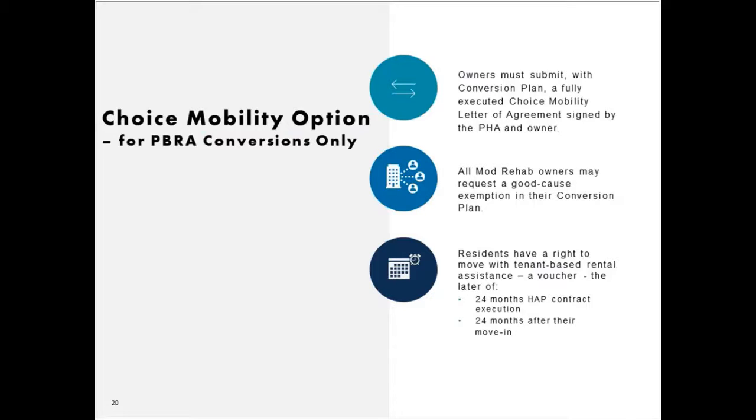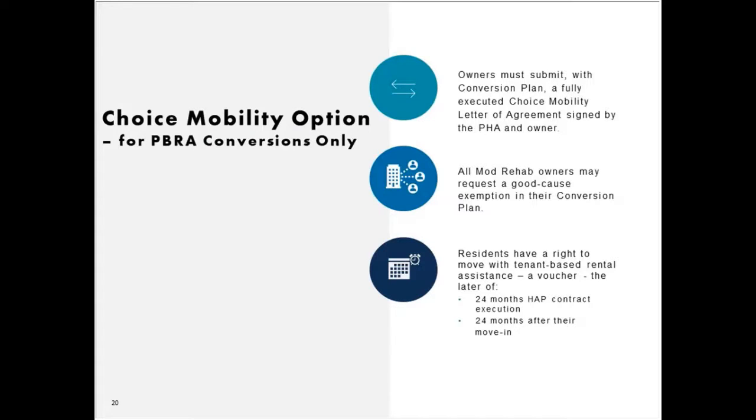Okay, the next document that you would upload to the RAD resource desk to complete your conversion plan is the choice mobility option. This is if you're doing a PBRA conversion. The owners must submit a fully executed choice mobility letter of agreement signed between both the project owner and the PHA. The choice mobility option provides residents with the right to move with a voucher within the later of 24 months of contract execution or 24 months after their move-in date.